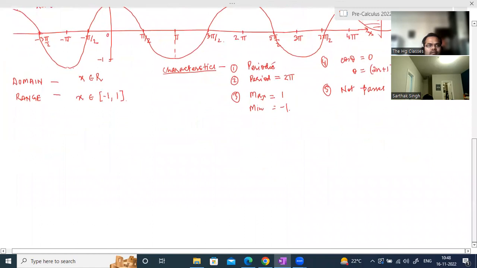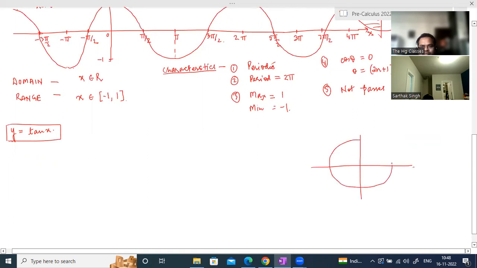Next is y equals tan x. Now, how do we find out the behavior of tan x?